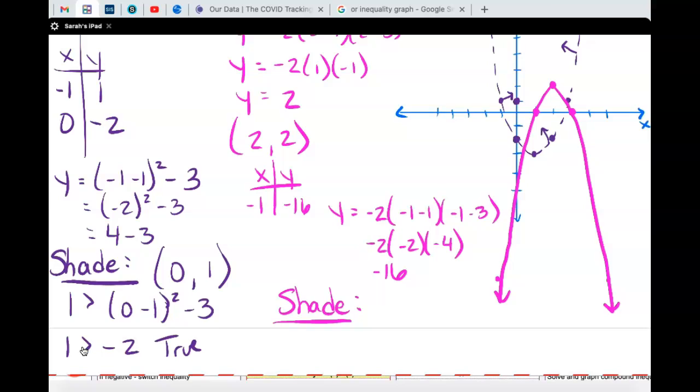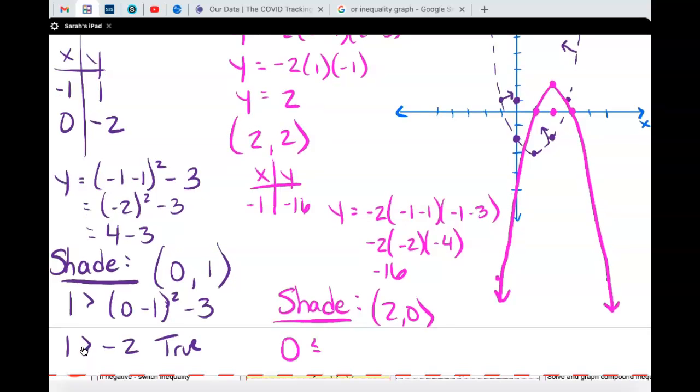So what point are we going to test? Yeah, 2, 0 would be right there, which is inside. That'll work.